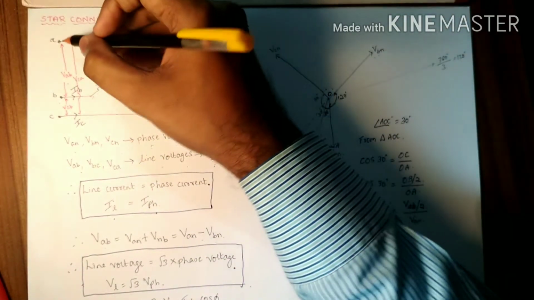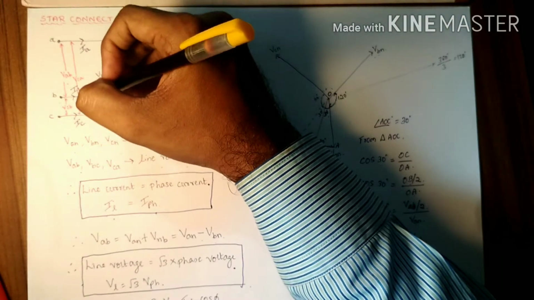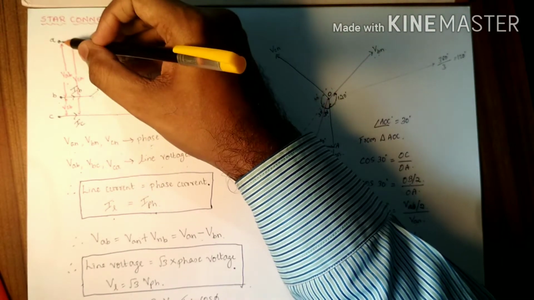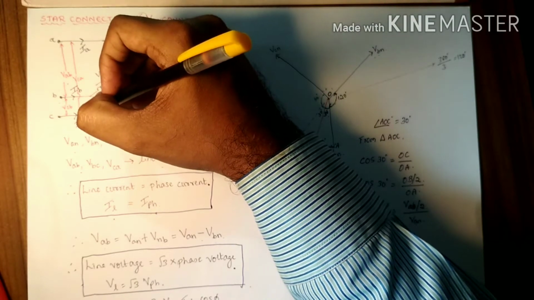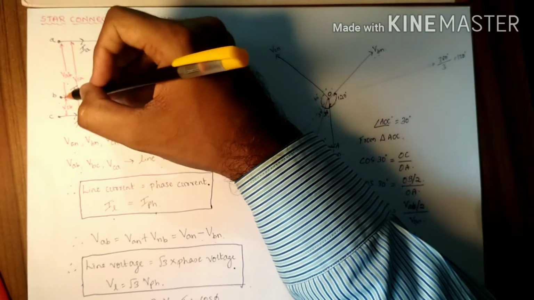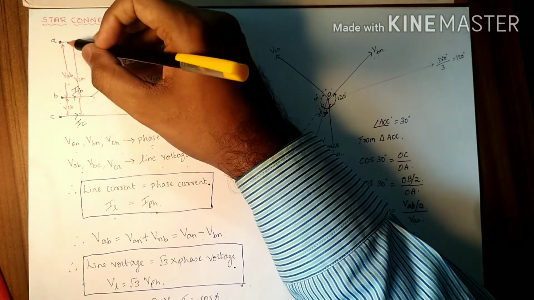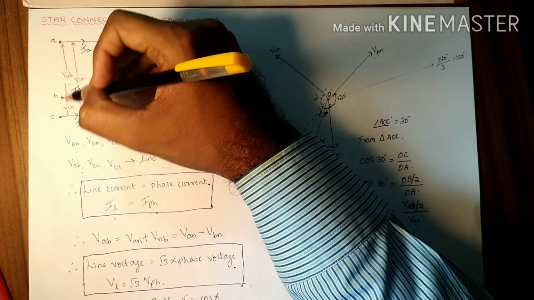Similarly, you can see the three voltages written in red ink here. From A to B, that is VAB, A to C or C to A, VCA. Similarly, B to C is VBC or VCB. So these are between each lines, right?